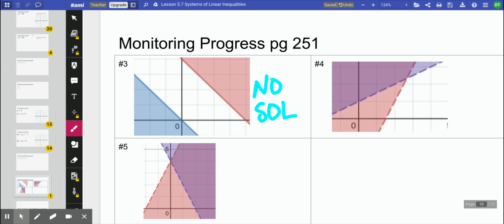Number 4, the solution is the dashed lines here on both sides, and then it's everything in here on this darker purple part. And then on number 5, again, dashed lines, and then it's all of this purple part. That's the solution. So you should have gotten something similar to that.